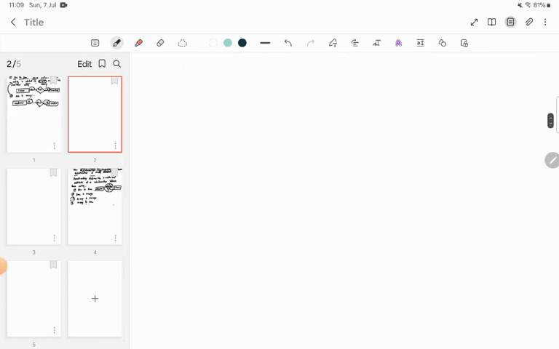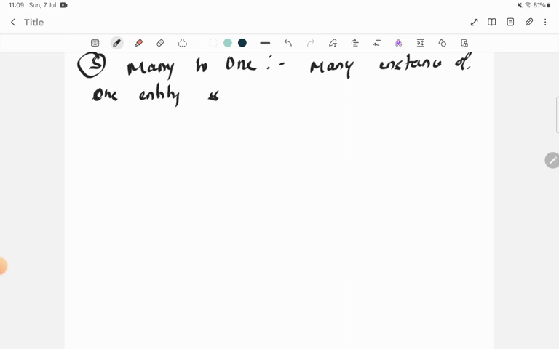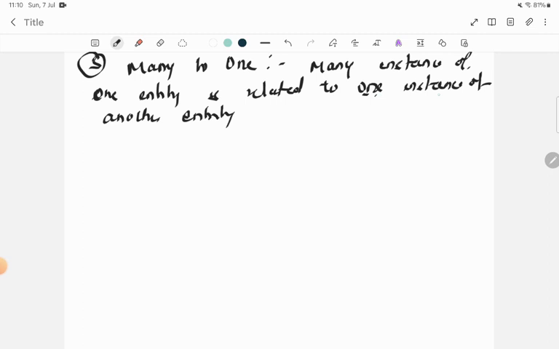Let's talk about the third type of cardinality, which is many to 1. It means that many instances of one entity are related to one instance of another entity.